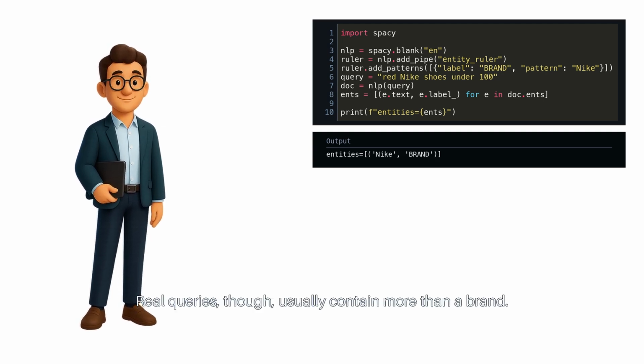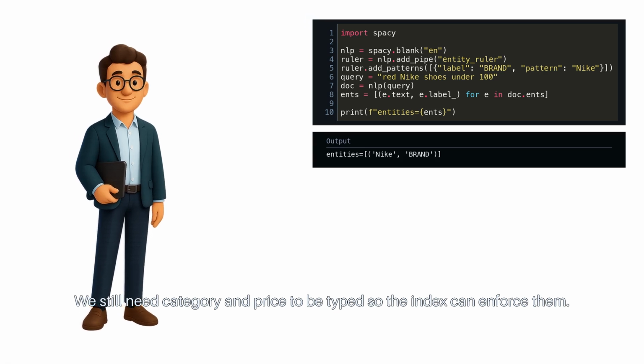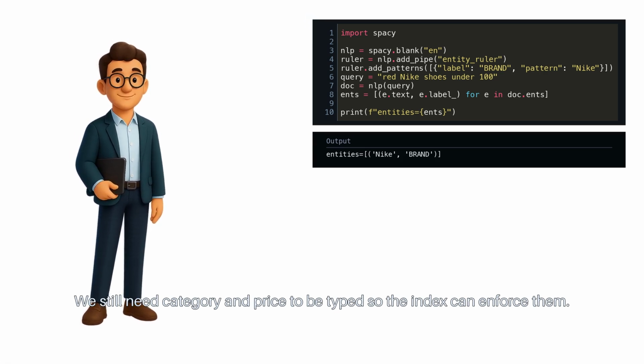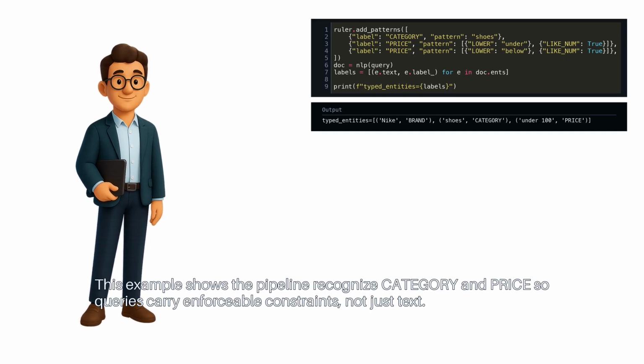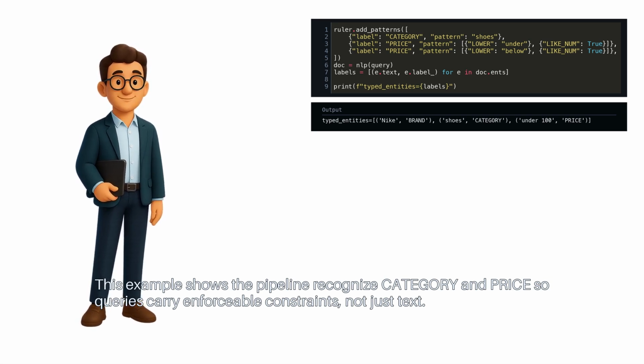Real queries, though, usually contain more than a brand. We still need category and price to be typed, so the index can enforce them. This example shows the pipeline recognize category and price, so queries carry enforceable constraints, not just text.